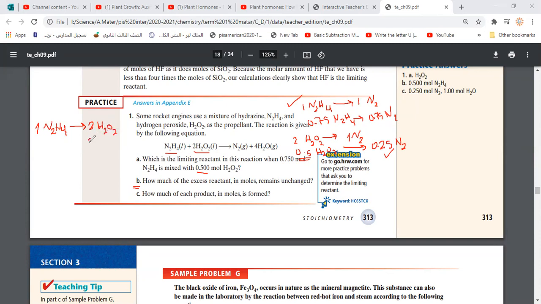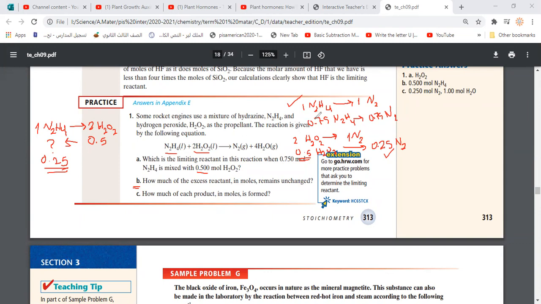So if all I have and completely consumed is half a mole, how much of that will be consumed from the N2H4? We have only half, so it will take 0.25. So the half mole of hydrogen peroxide just reacts with a quarter mole of hydrazine.